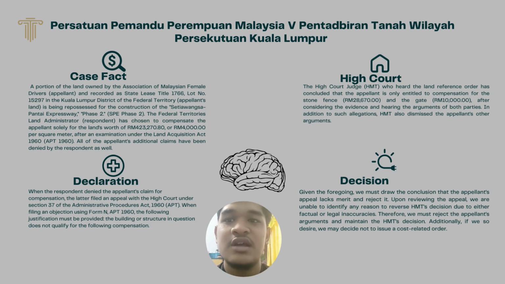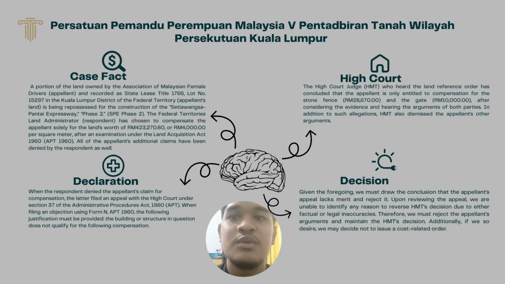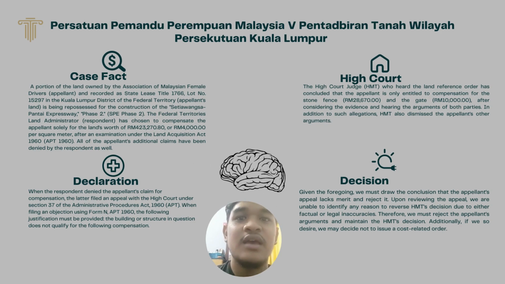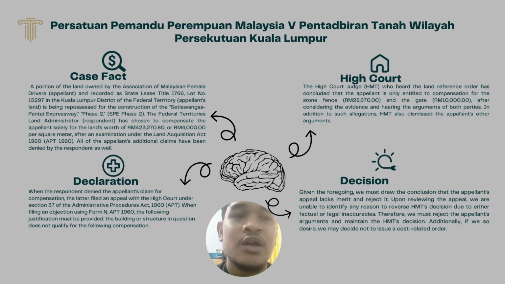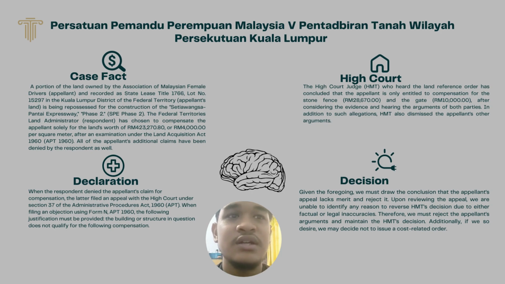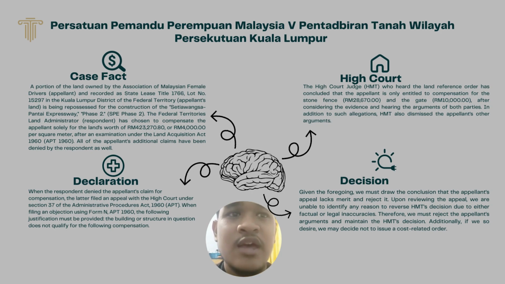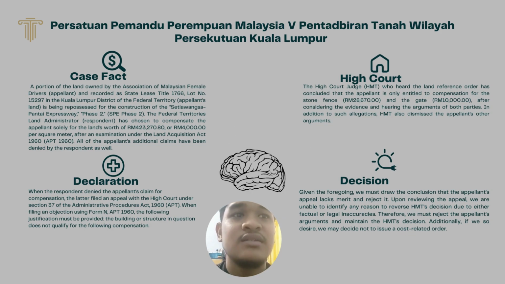For the declaration, when the respondent denied the appellant's claim for compensation, the latter filed an appeal with the High Court under Section 37. The High Court judge who heard the land reference has concluded that the appellant is only entitled to compensation for the standing fence.